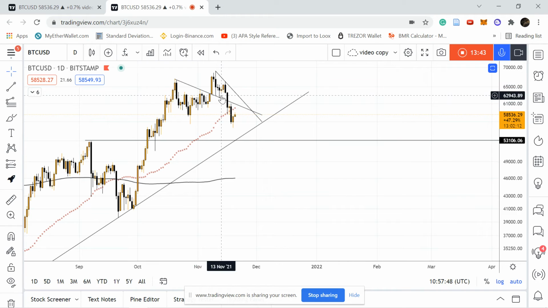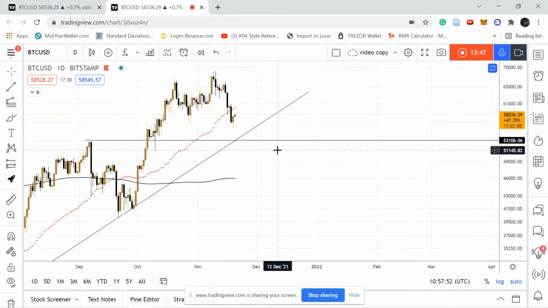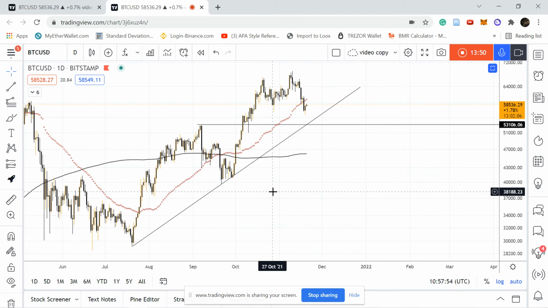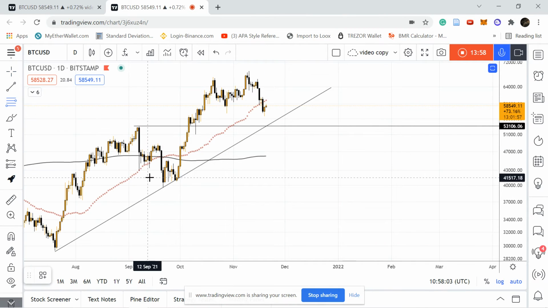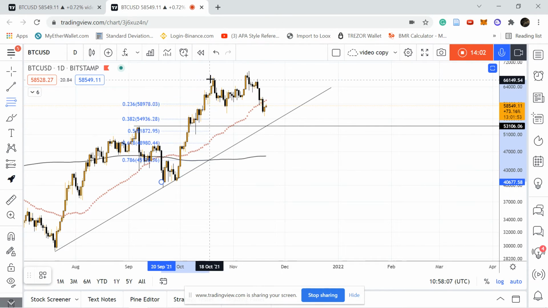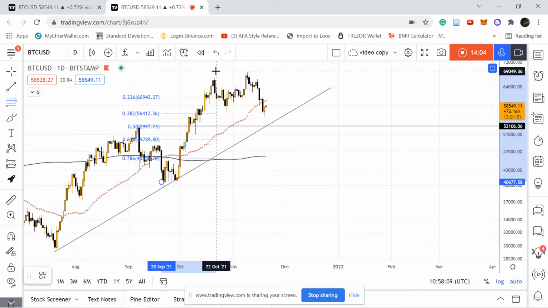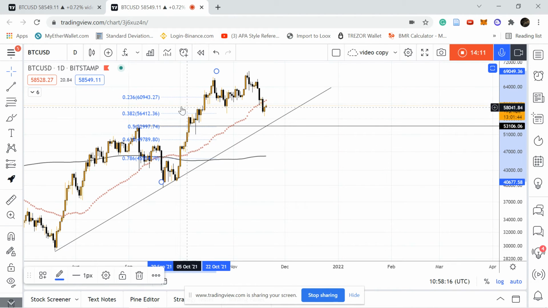Now, knowing that this is wave one of the new wave three, which is the most violent of all, this one was a retracement. What Ralph Elliott explained to us is that usually wave one retraces between 0.5 and 0.786 of the Fibonacci levels.